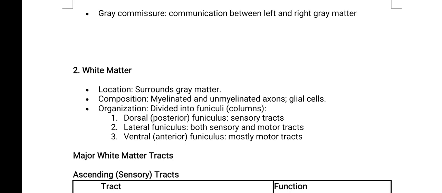So, let's take it again. The dorsal funiculus is mainly sensory tract. The lateral funiculus is made up of both sensory and motor tracts, while the ventral or anterior funiculus is mostly motor tract. So one is sensory, one is both sensory and motor, and the last one is mostly motor tract.